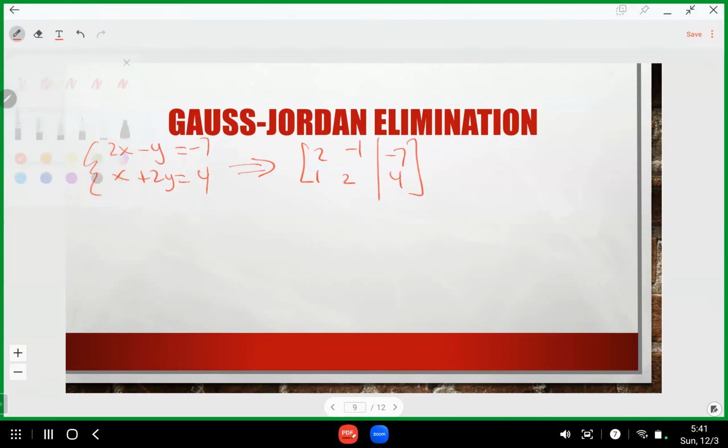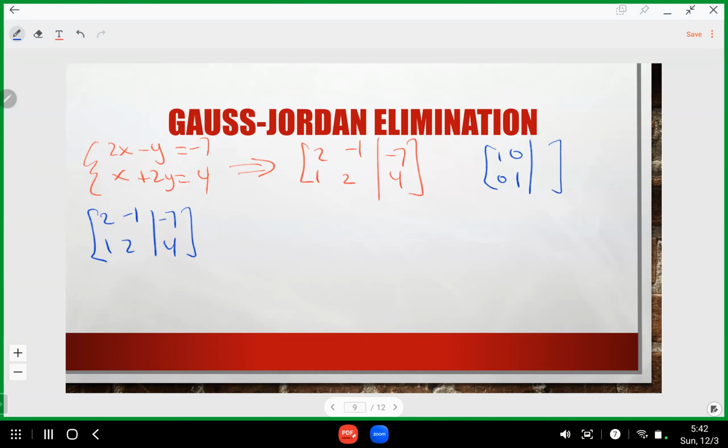Let's just start right here. So the ultimate goal of Gauss-Jordan elimination is you have to get something like an identity matrix, which I talked about last class. An identity matrix would be 1, 0, 0, 1, basically a diagonal of ones and everything else is zeros.